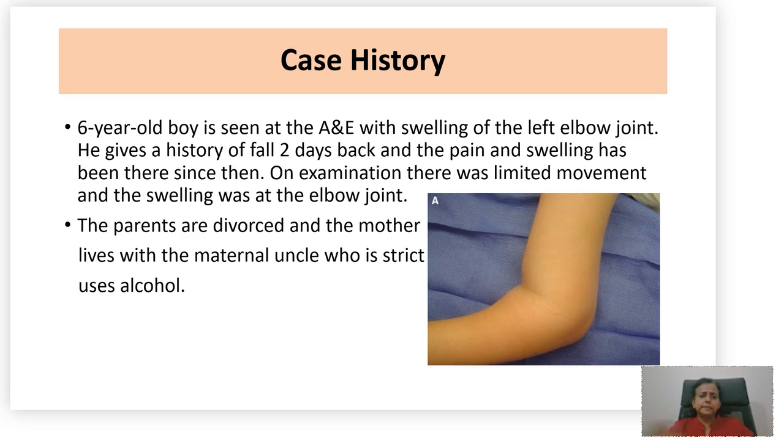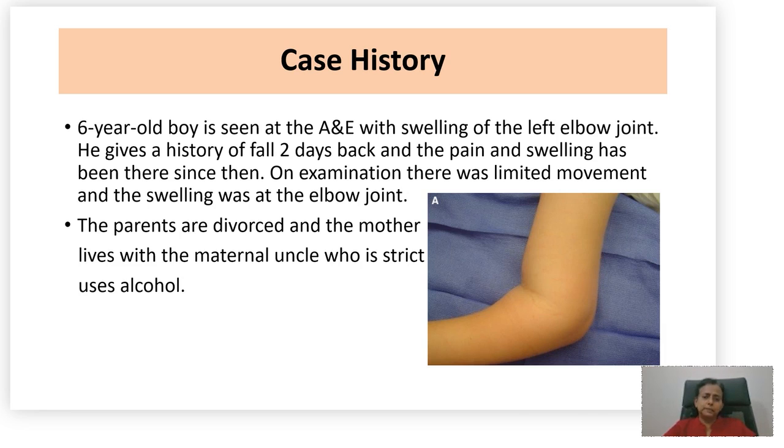So if you look at this case history, it's a 6-year-old boy seen at the A&E with swelling of the left elbow joint. Gives a history of a fall 2 days back with pain and swelling. On examination, there was limited movement and the swelling was at the elbow joint. The parents are divorced and the mother lives with the maternal uncle who is strict and also uses alcohol.